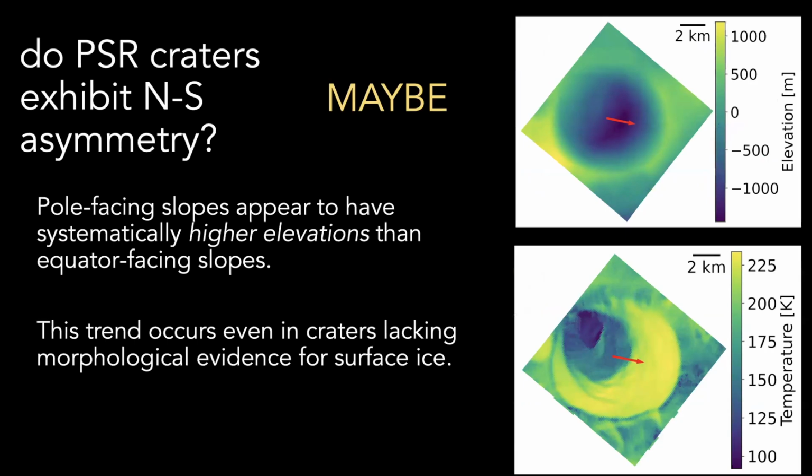And the fact that we see this in all of the craters that we have shape models for, not just the ones that have nice, clean, circular, bright deposits, suggests that the presence of bright material on the surface is not necessarily indicative of subsurface composition. And that also tells us that maybe we should look more widely than just the dozen or so craters that, based on images, appeared to have bright material, because this could potentially be more widespread.